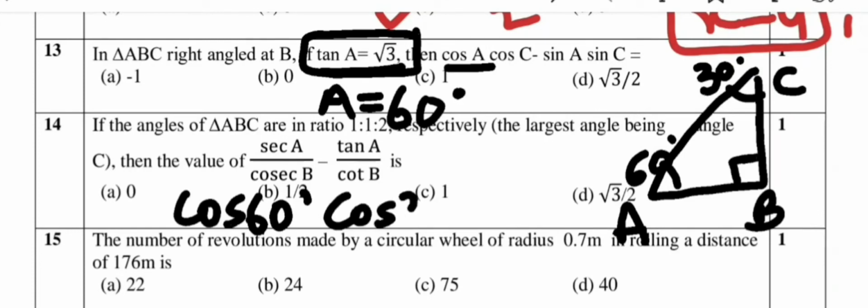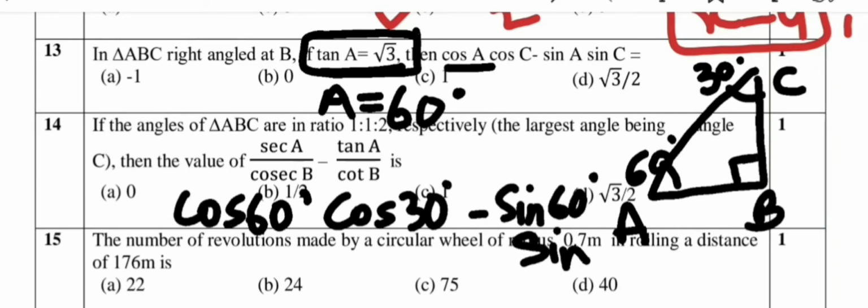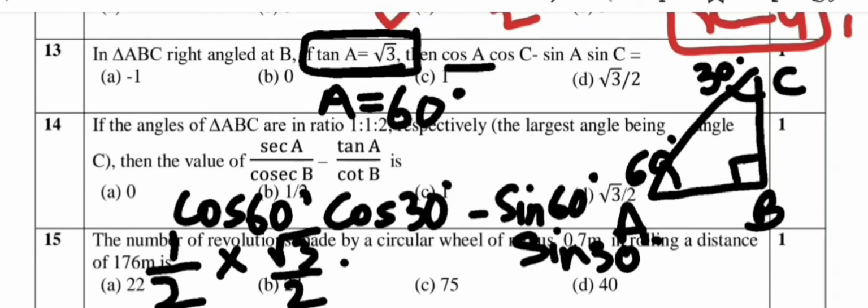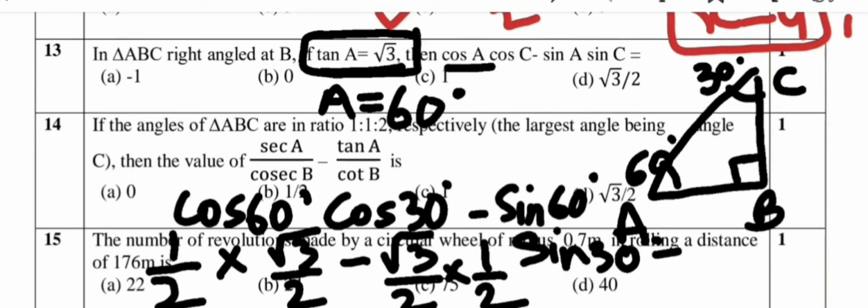Now we will find values of this. First we have cos A. Cos A means cos 60 degree. Then cos C means cos 30 degree. Minus sin A means sin 60 degree. Then sin C means sin 30 degree. Now we can put values of these trigonometric ratios using trigonometric table. We know cos 60 is half, cos 30 is √3 by 2.